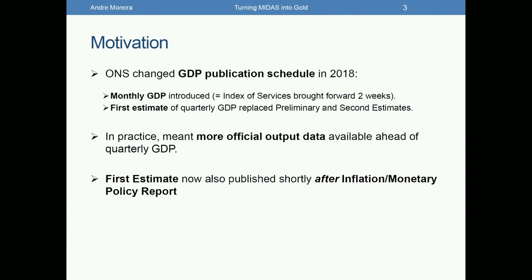It also meant, from a bank-specific perspective, that the first estimate of quarterly GDP, which was usually published a few days before the inflation report, or what's now called the monetary policy report, started being published after that. So it's quite important, certainly from a reputational point of view, that we get that as close as possible.